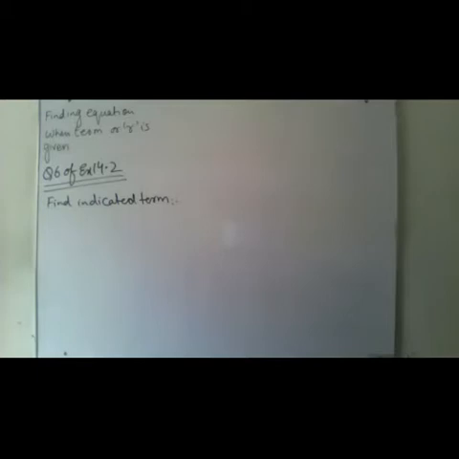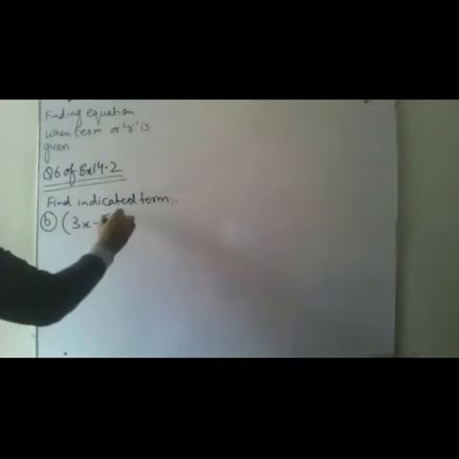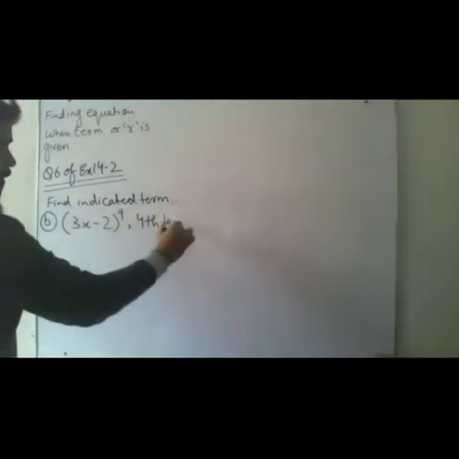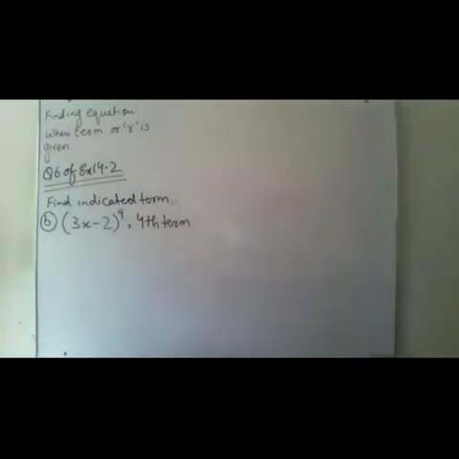Now, first of all, I am doing part B. Part B says (3x minus 2) whole power 9, and I have to find the fourth term. Directly they are telling me that I have to find the fourth term.